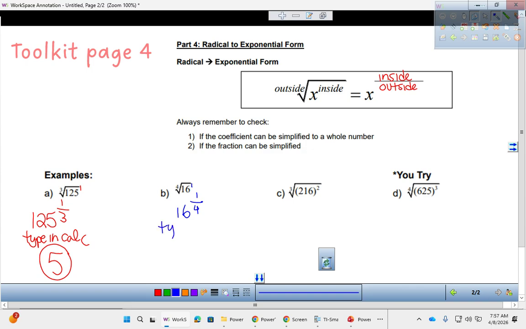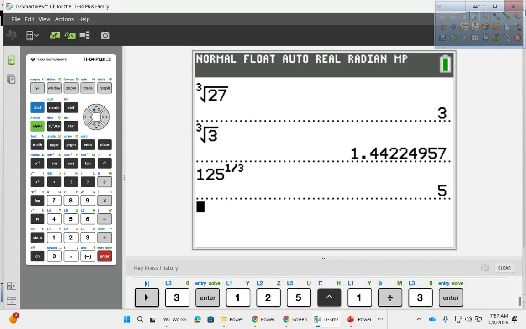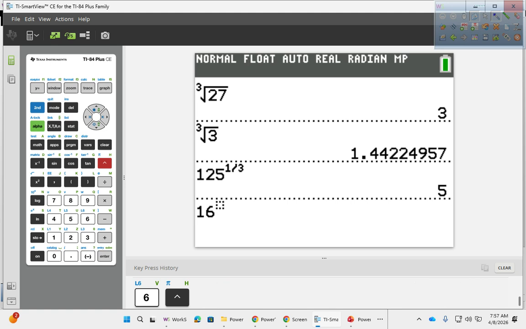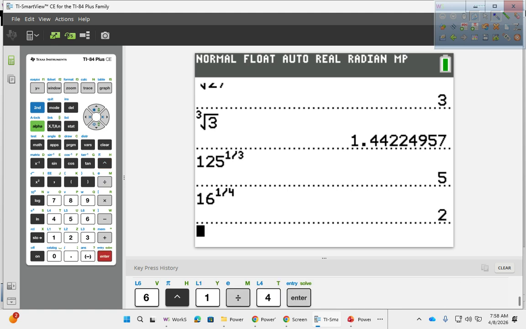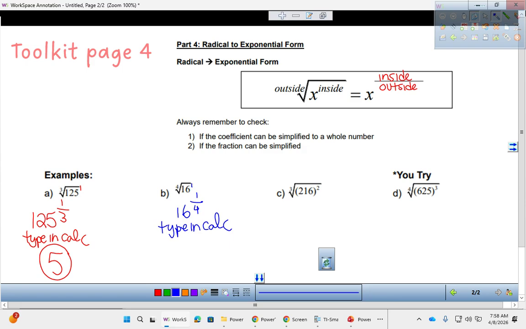And I'm just going to type this into my calculator. I'm not going to math 5 it because it's not a root. I'm just going to type it in the way it looks. So 16 to the power of 1 divided by 4. So I get 2. So the answer to this one is just 2.